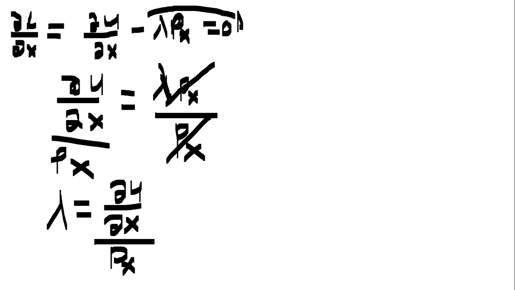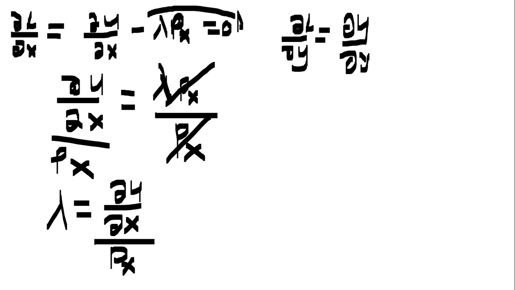Remember, we had the function, the change in L due to change in y, equal to the derivative of the utility function with respect to y minus lambda py. Then this was equal to 0.